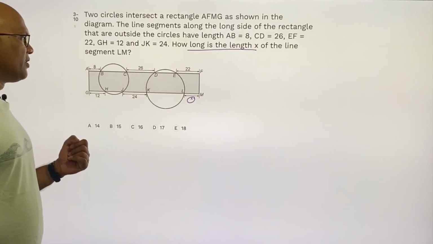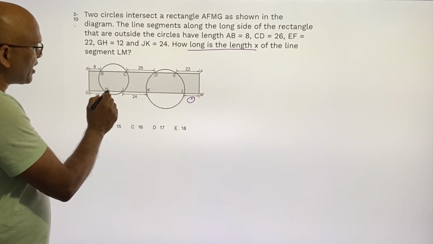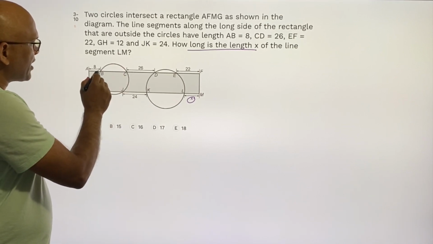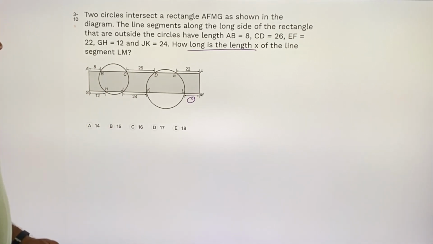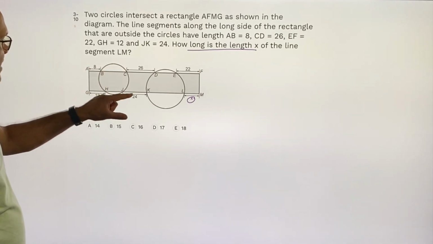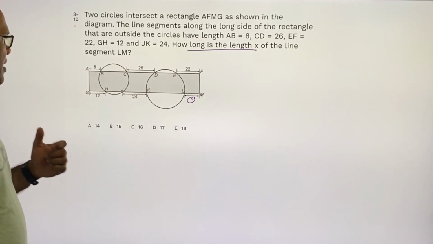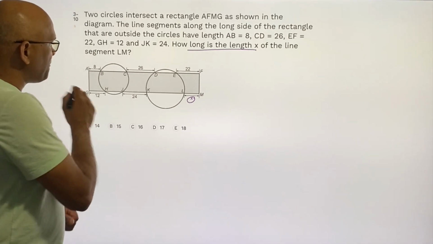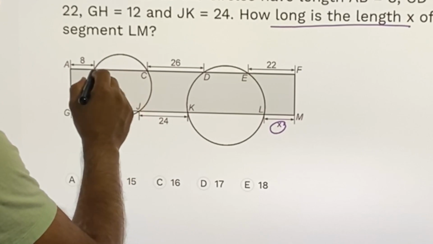Another thing is, for a rectangle, these two sides are parallel, right? So BC is a chord, HJ is a chord. So somehow I need to make use of these lengths and find out what is x. One thing I can do is draw a bisector of this chord BC.